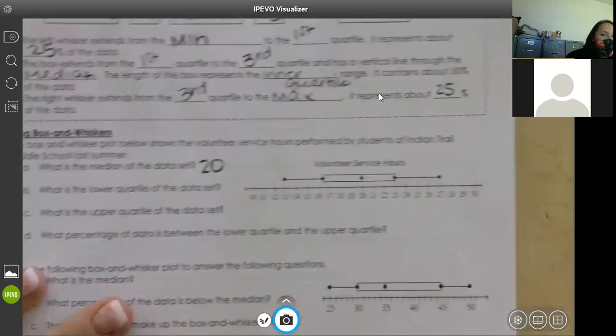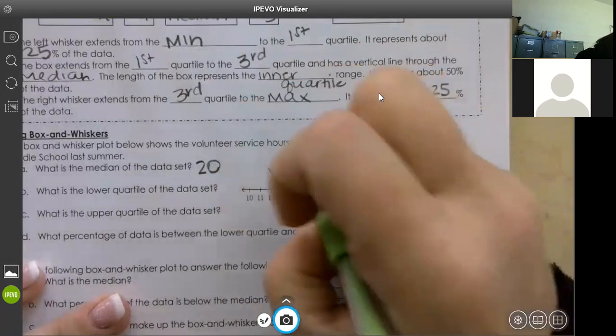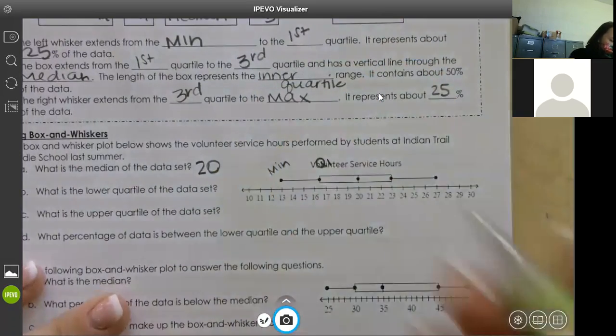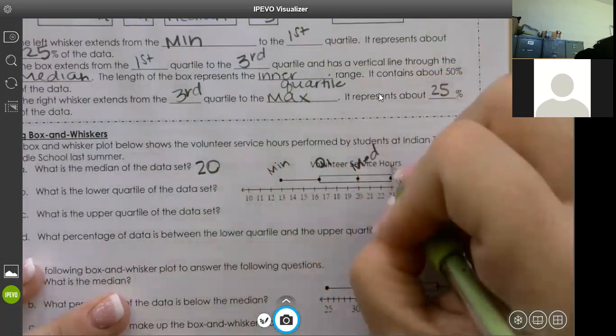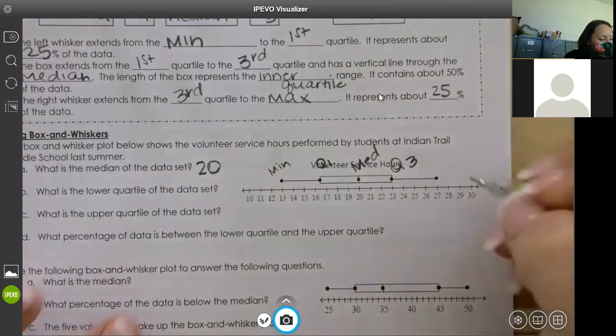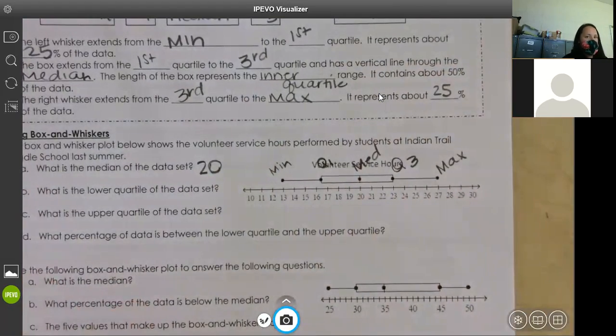The lower quartile, so again, remember, I'm going to just go ahead and write it out for you, just to remind you. Q1 is right here, that's your lower quartile. You have your median. You have your Q3, or they call it the upper quartile. And you have your max. So what is the lower quartile of the set of data?